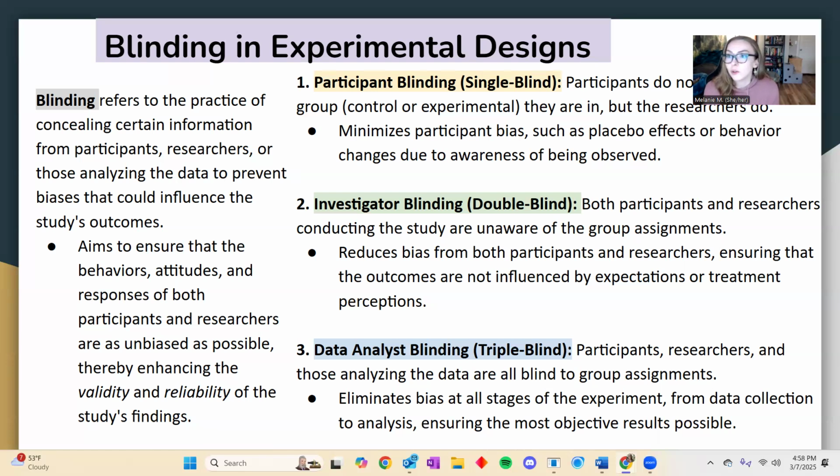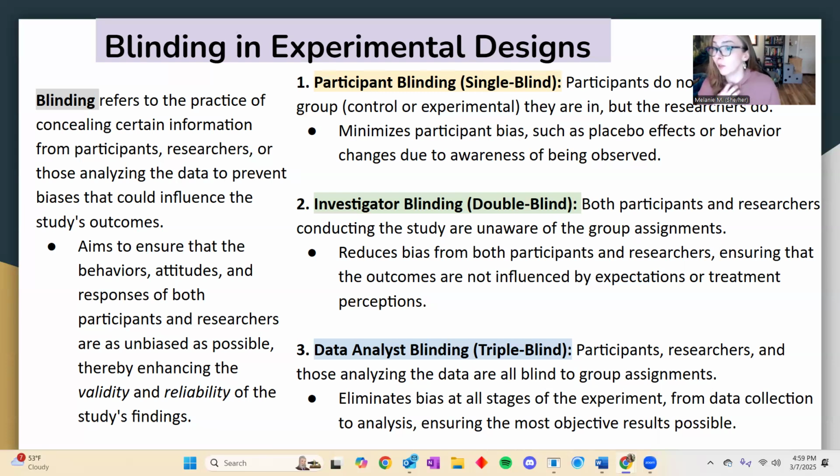And then we have this last one, which is called data analysis blinding or triple blinding. This is when not only participants and researchers, but also the researchers analyzing the data don't know the group assignments. Sometimes this makes sense for the question, sometimes it doesn't. This is, again, trying to eliminate bias and make sure that we have the most objective results possible. It's not always possible.